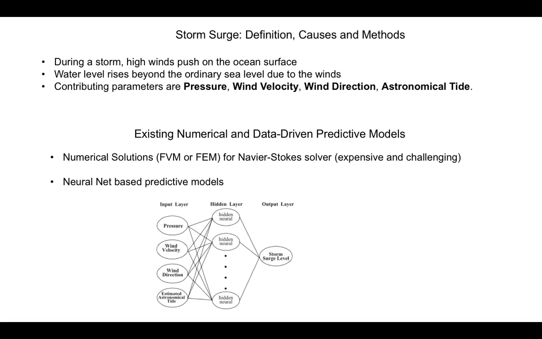However, neural networks often face the same problems as a Navier-Stokes solver. It is a computational challenge to implement a very efficient neural network, and they often suffer from underfitting or overfitting issues, which will be discussed in the next slide.